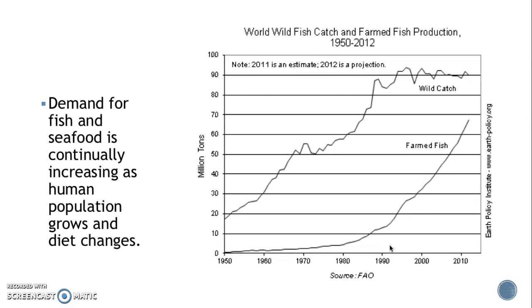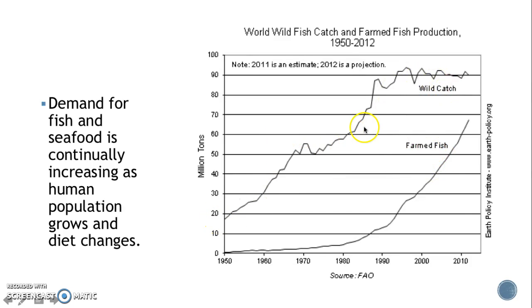Now, fish consumption and fish catch. So we said fish consumption is increasing, the human population is increasing, and so here we have some numbers going along with the millions of tons of fish that are produced or caught, and we have first our wild catch and then our farm fish.